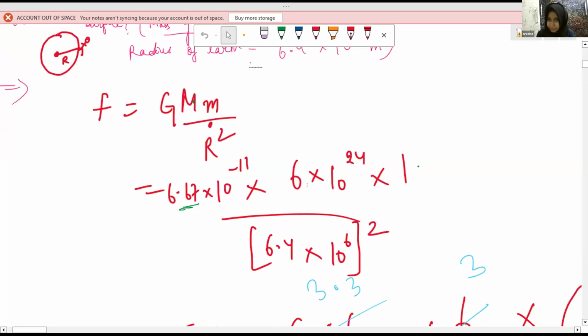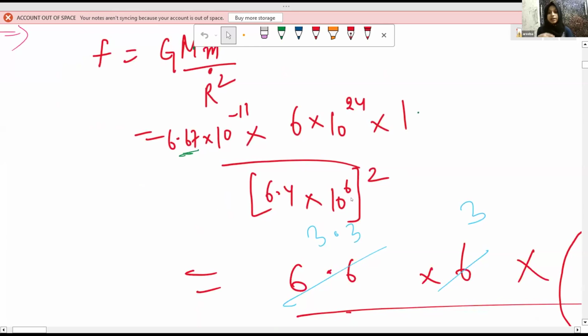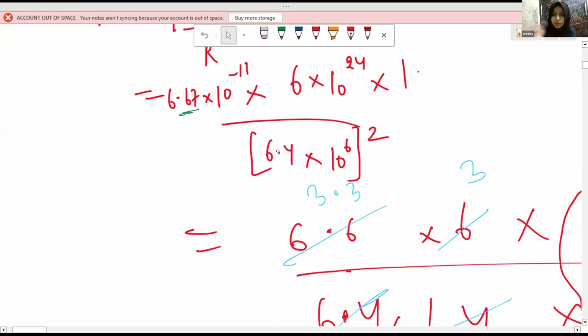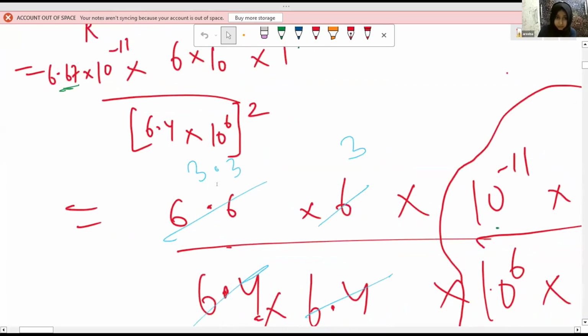Now put the value of M, which was given in the question. See? Then the other m, small m. Now the radius, which is basically getting squared. That means multiplying the same number 2 times. If you might have noticed, ma'am, here you have written 6.67, right? But here you are writing 6.6.